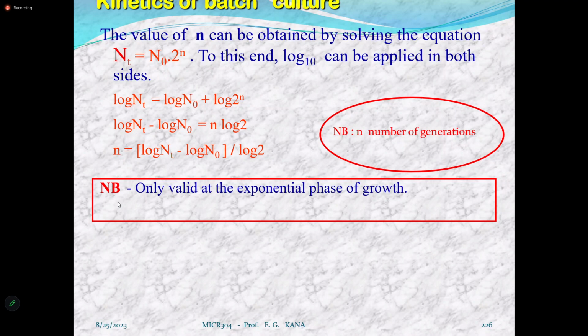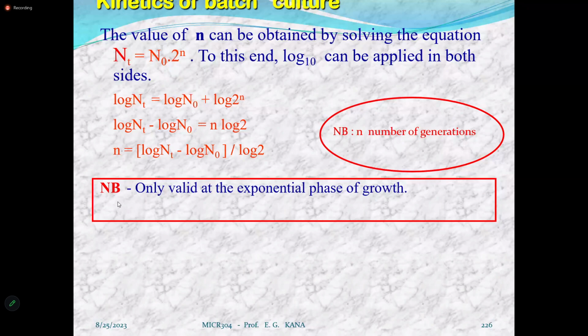If I said the entire process lasted for 70 minutes, and the lag phase was 10 minutes, the exponential phase was 60 minutes. The doubling time is 20 minutes. How many generations of cells will have been produced throughout the fermentation period?